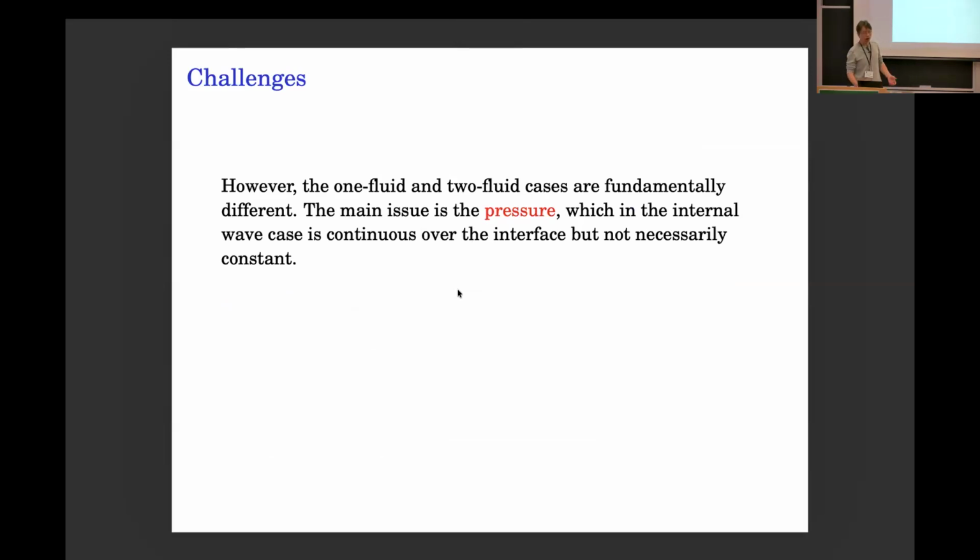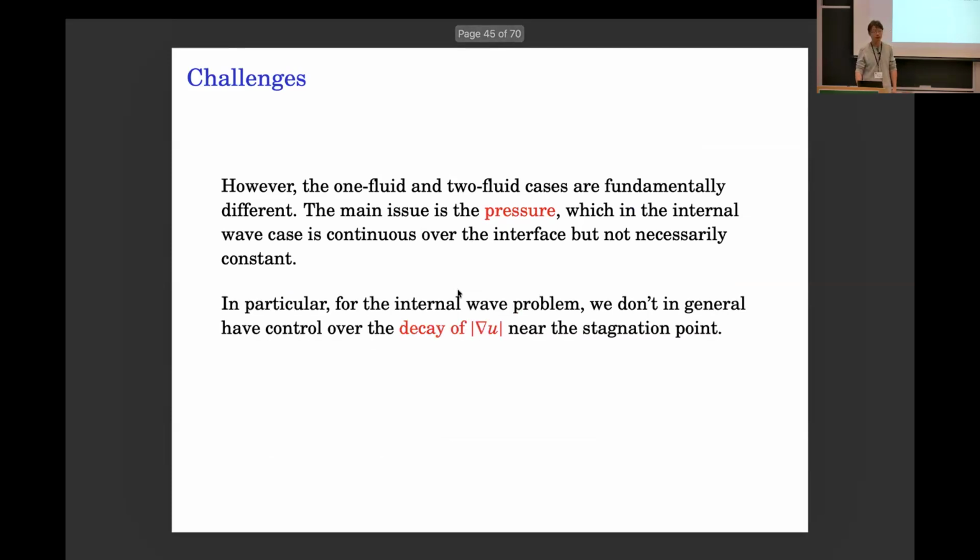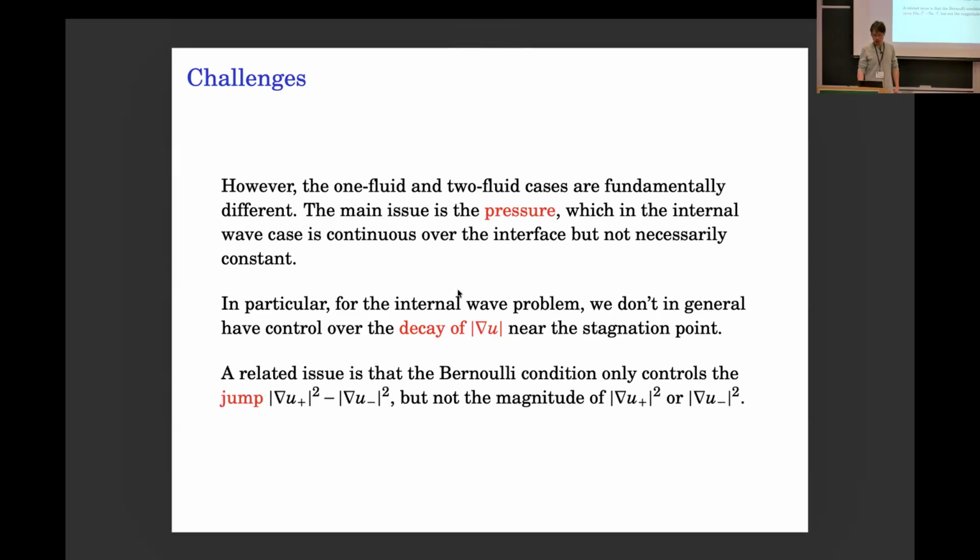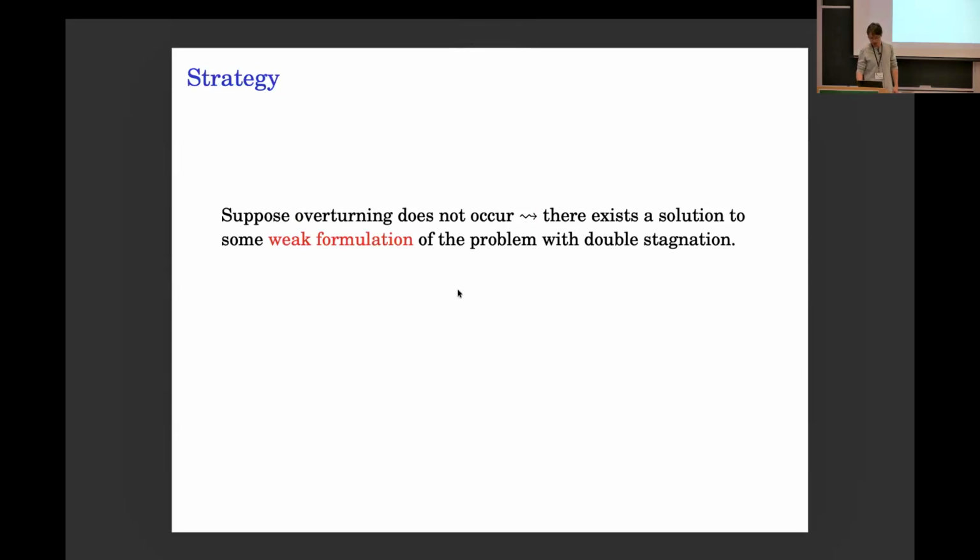So there's no way we can use this minimum principle of pressure to get a pointwise bound of the gradient. That's just not available at all. So we would like to have some decay of the gradient as you approach the double stagnation. So the alternative approach we take, let me speed up a little bit.